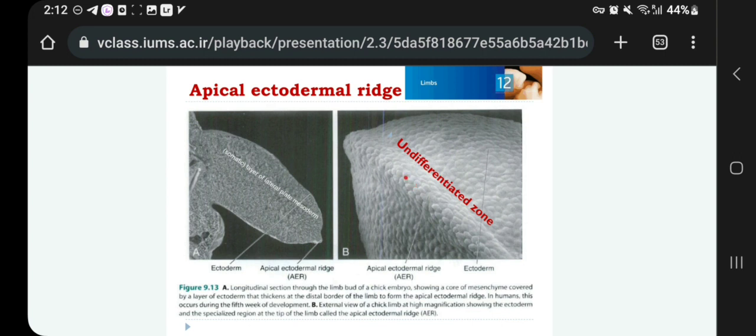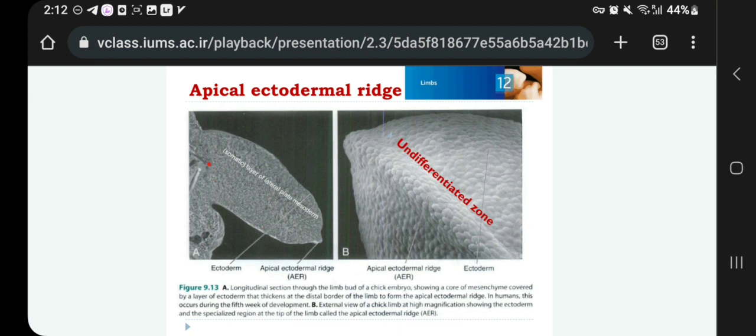What is the induction? The induction means it causes the cells near the apical ectodermal ridge to stay undifferentiated. It means the apical ectodermal ridge prevents the differentiation of the cells near here.